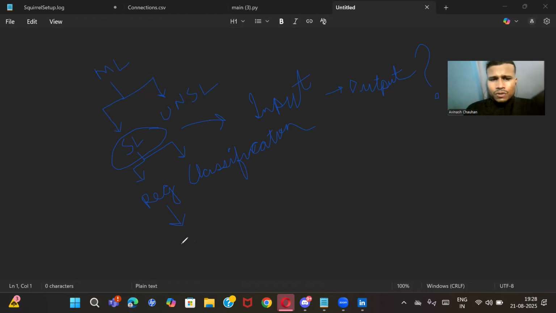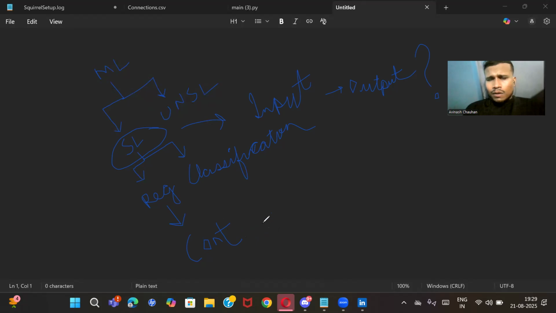In regression, we always deal with continuous data.